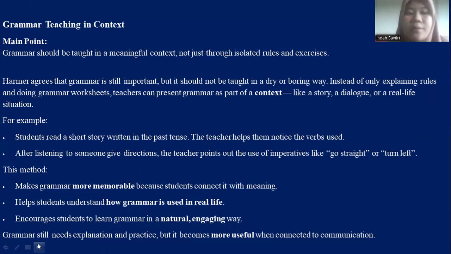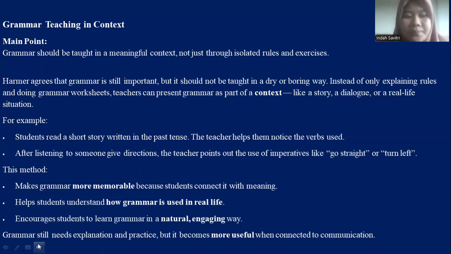For example, students read a short story written in the past tense. The teacher helps them notice the verbs used. After listening to someone give directions, the teacher points out the use of imperatives like go straight or turn left.